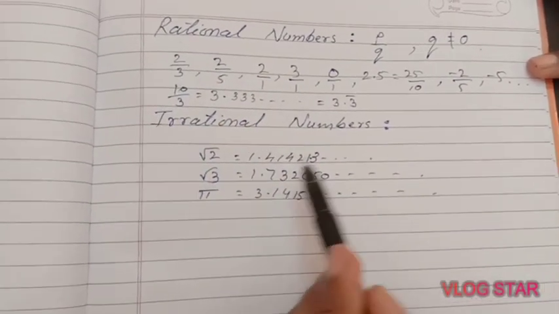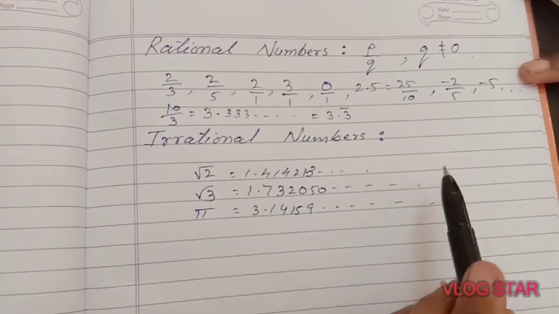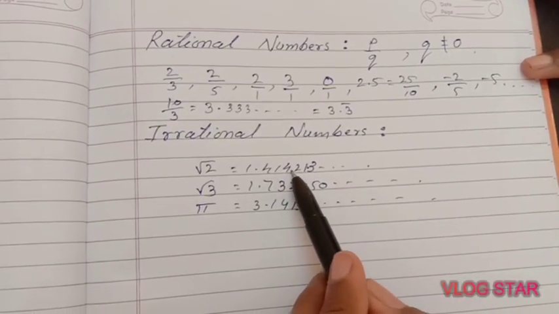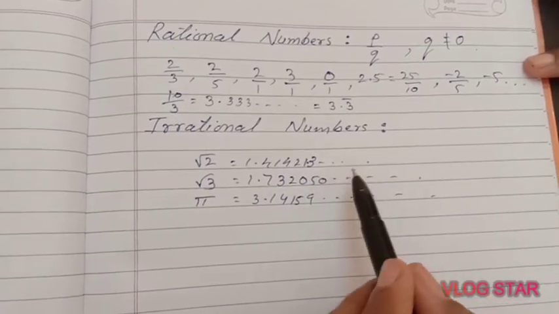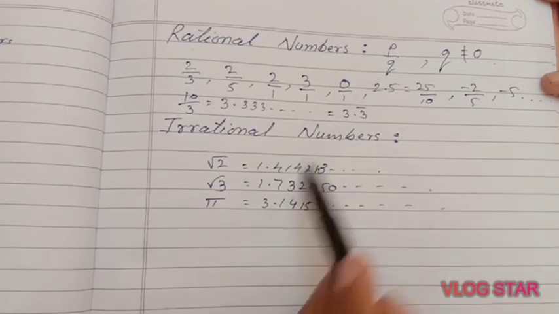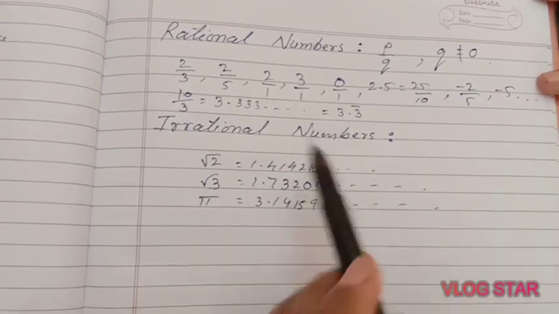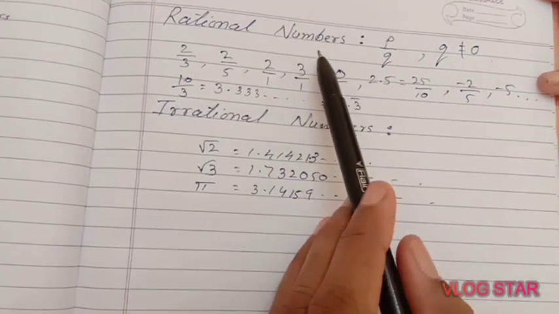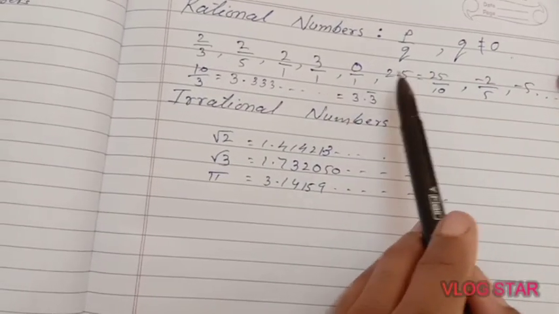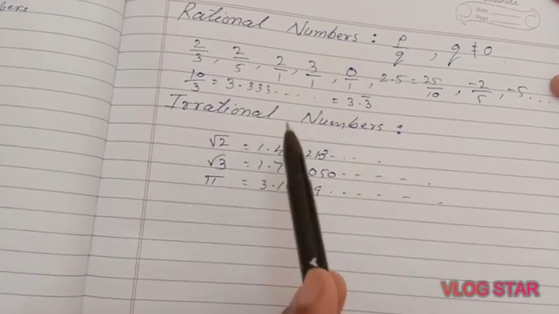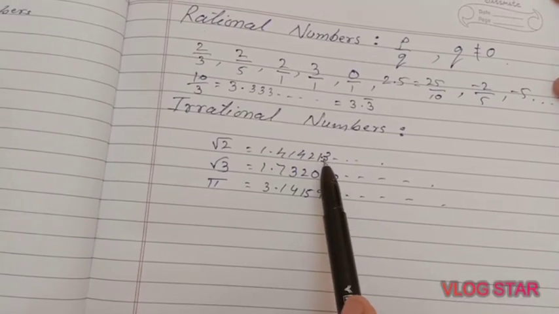And those which are non-terminating and non-recurring, non-recurring means any number is coming randomly, 4, 1, 4, 2, 1, 3. We cannot represent this in a bar form. So they all are irrational number. So rational numbers are terminating, or if not terminating, then recurring, while irrational numbers are non-recurring, non-terminating.